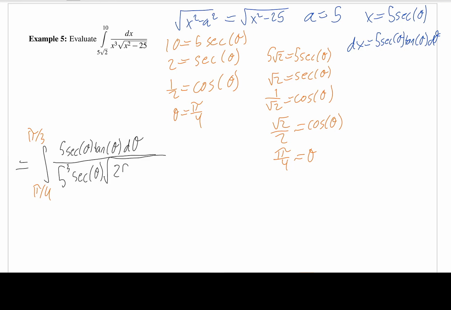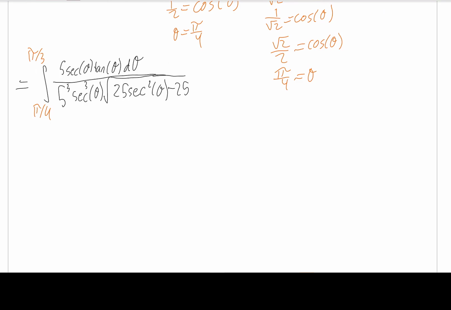So that would be 25 secant squared theta minus 25. And so this becomes, okay, so I have 5 over 5 cubed. That'll become 1 over 5 squared. So I get 1 over 25.